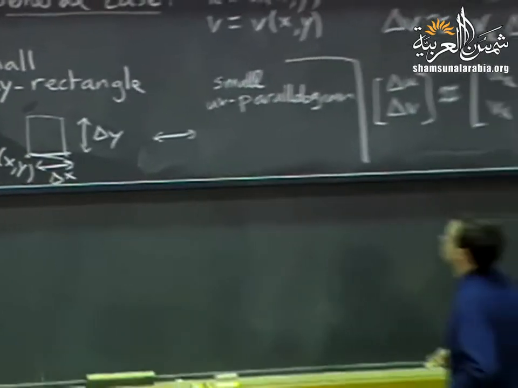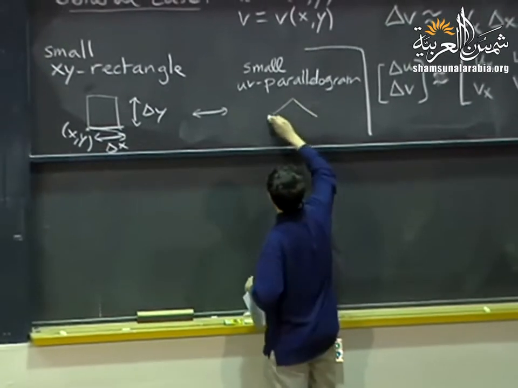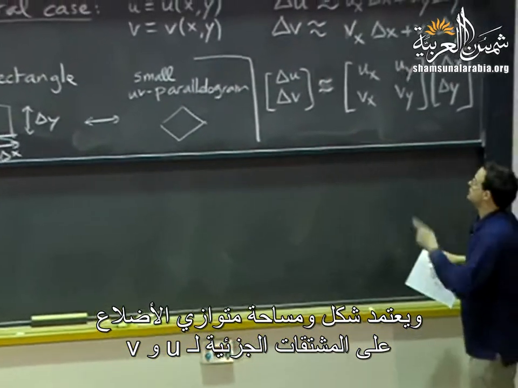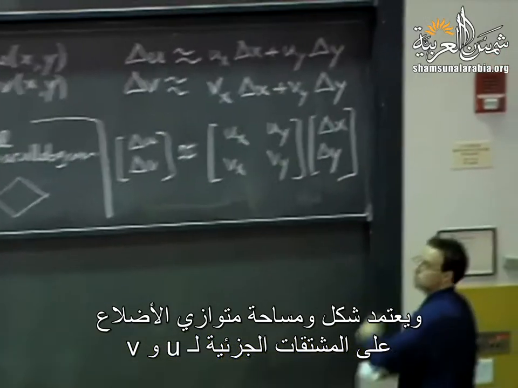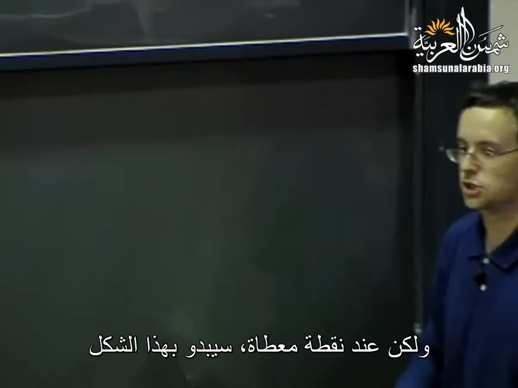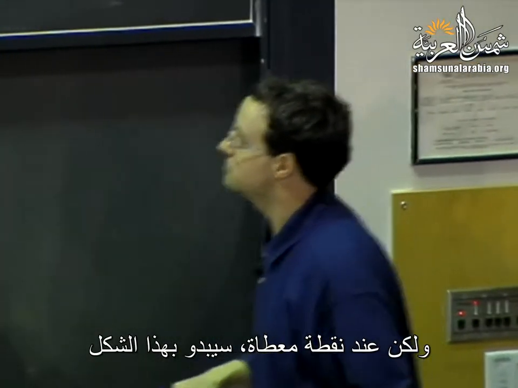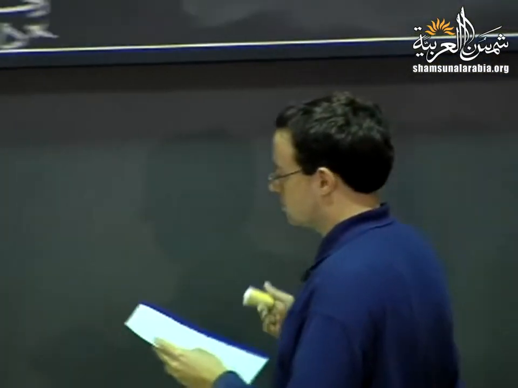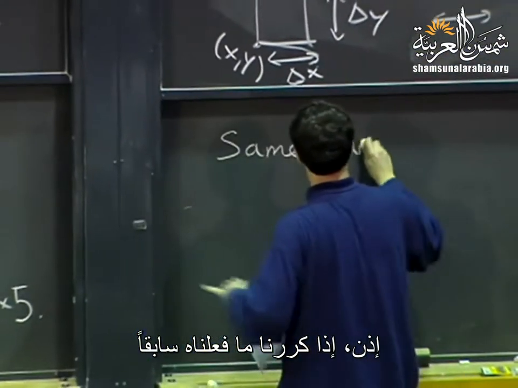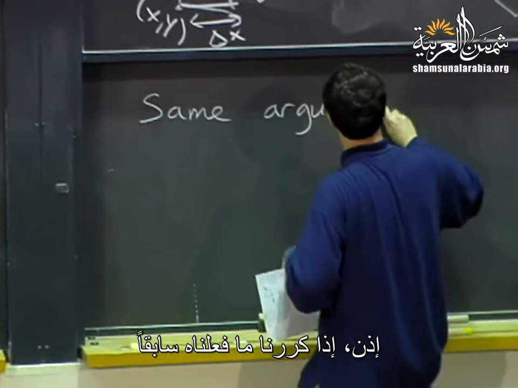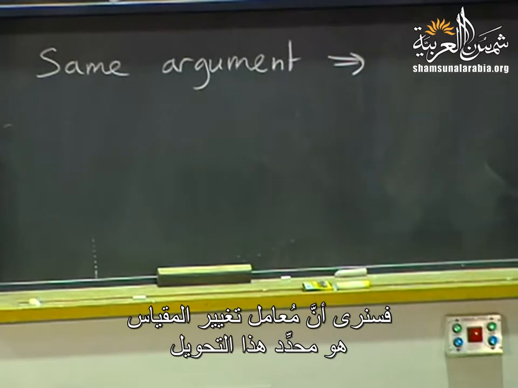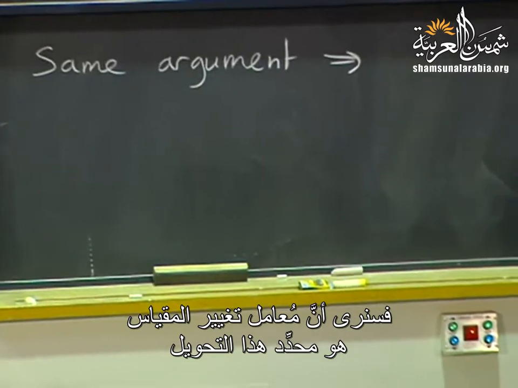And the shape and the size of that parallelogram depend on the partial derivatives of u and v. So in particular, they depend on at which point we are. But still, at a given point, it's a bit like that. And so if we do the same argument as before, what we'll see is that the scaling factor is actually the determinant of this transformation.